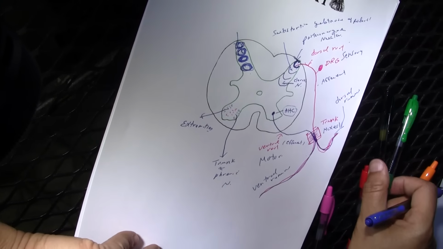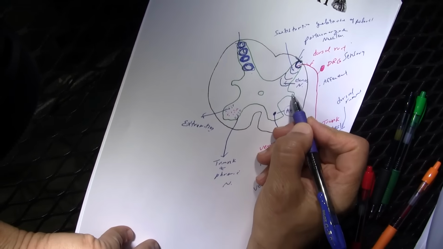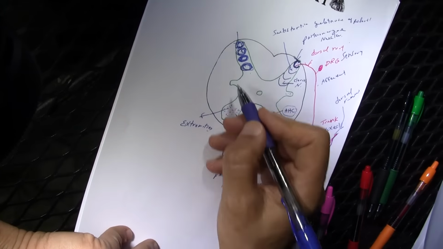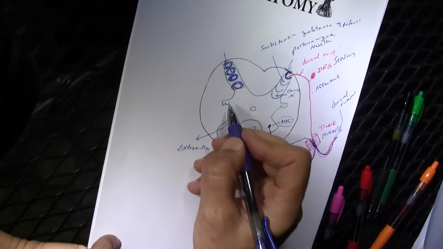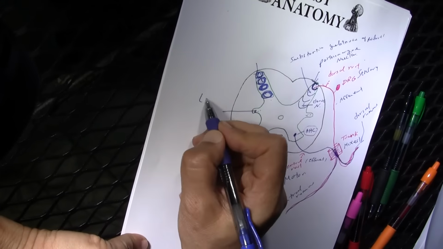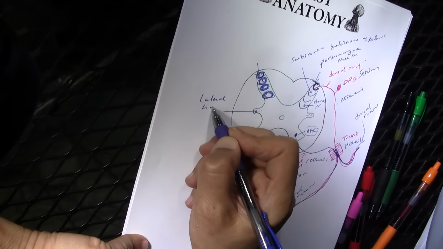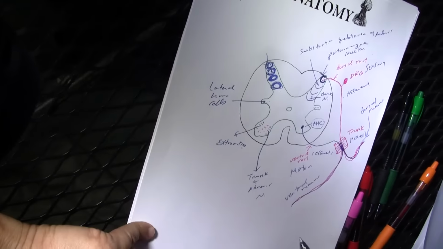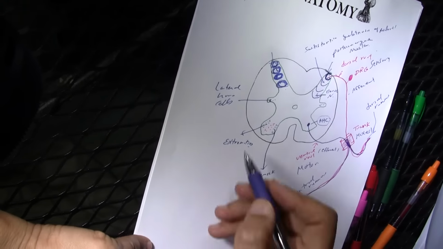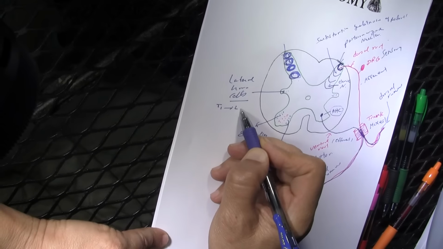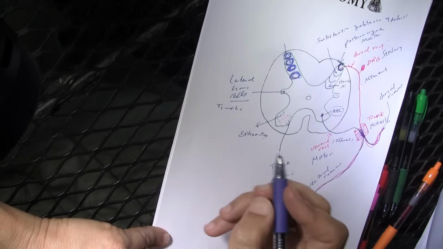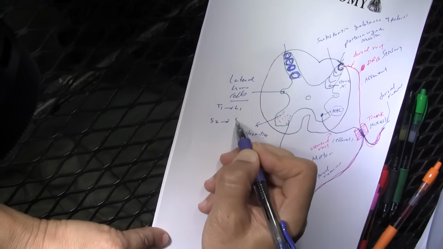So keep in mind again, we're still missing the important thing here. What is that? This is the lateral horn cells. These are located in thoracic 1 to lumbar 1 or 2 segment, and sacral 2 to sacral 4.